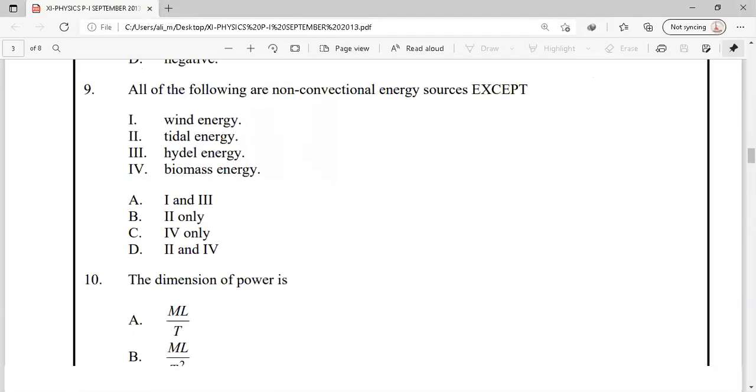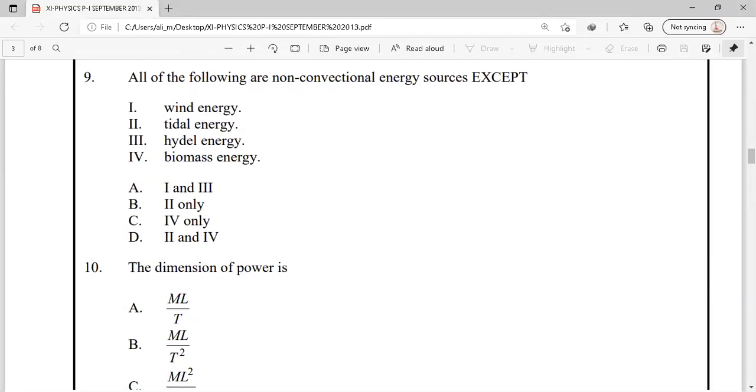Let's see question number 9. Which of the following are the non-conventional sources of energy, except for which of the following? If we see wind energy, this is a renewable source of energy. Similarly, tidal and hydro are sources of renewable energy, in which energy can be reused in a very short period of time.